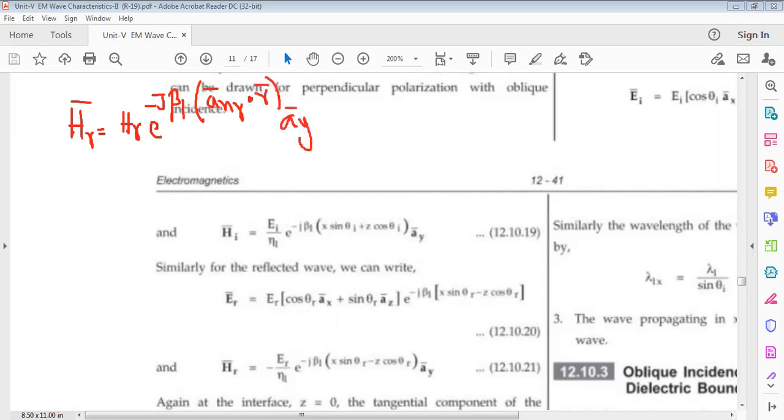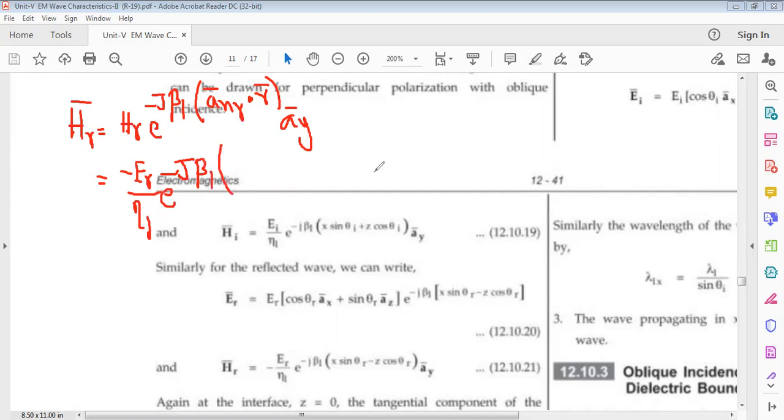This is the formula here. That is, H_r bar is in the reverse direction, so minus E_r by eta 1 into e power minus j beta 1.